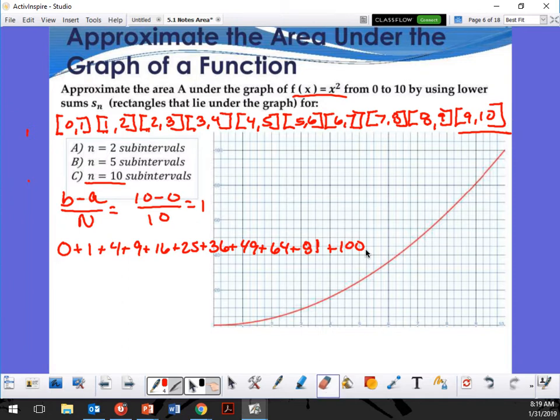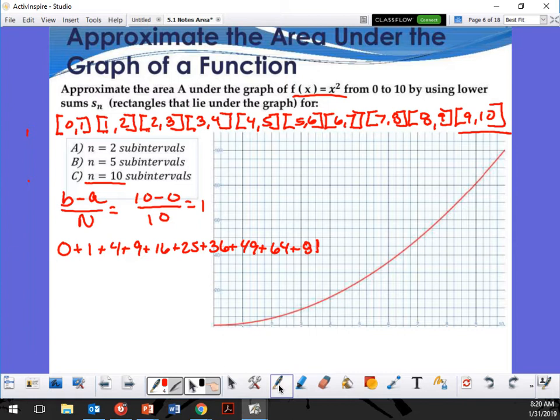A lot of people make that same mistake because it says going from 0 to 10, and everyone wants to stop at 10. But in my interval, my left-hand side, 9, is going to be the end here. Does that make sense? Okay, good.